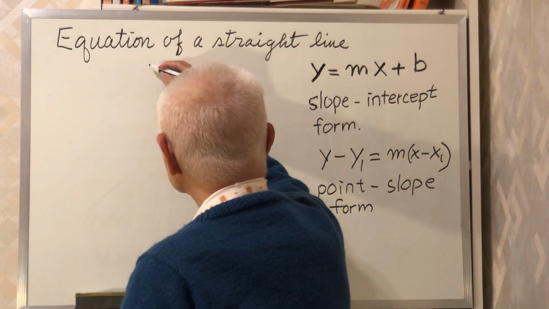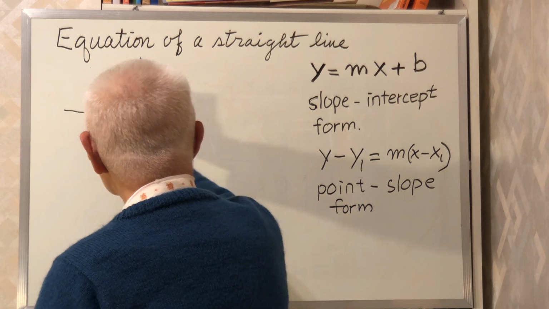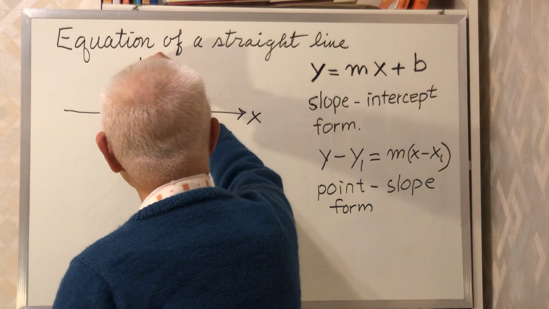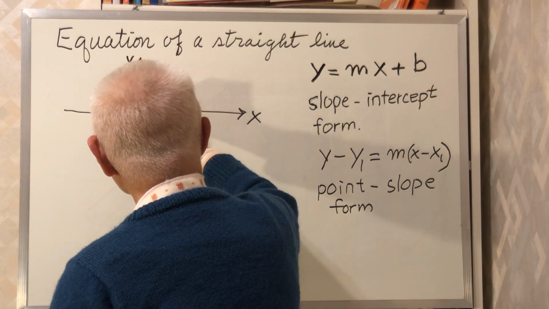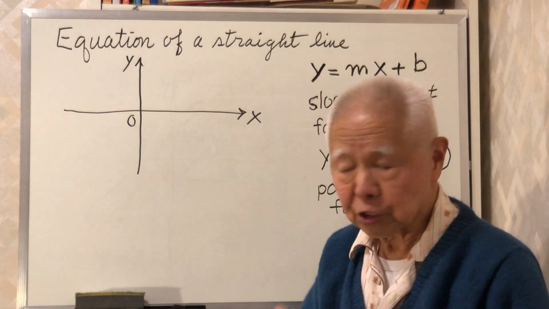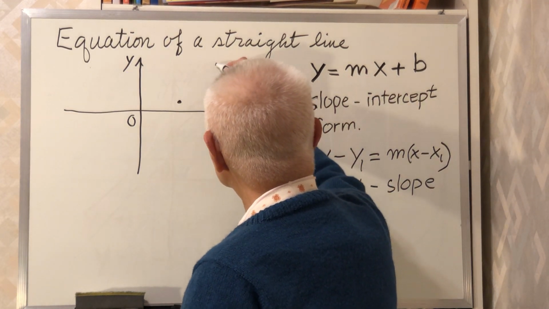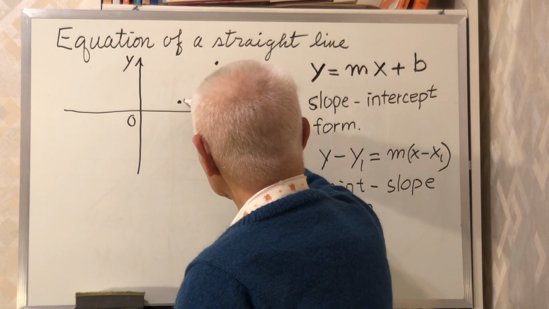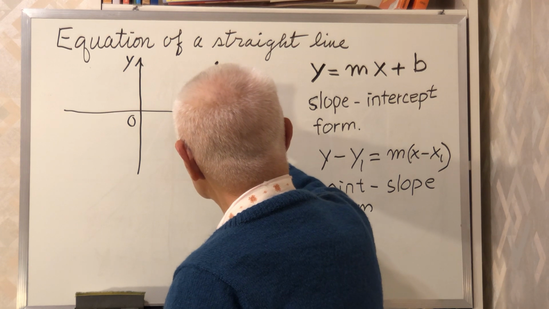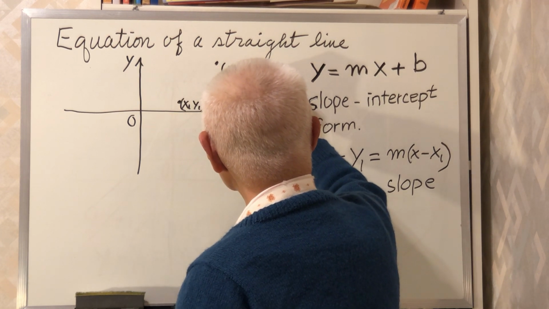Now this next one: I am given 2 points, x1, y1, and x2, y2.